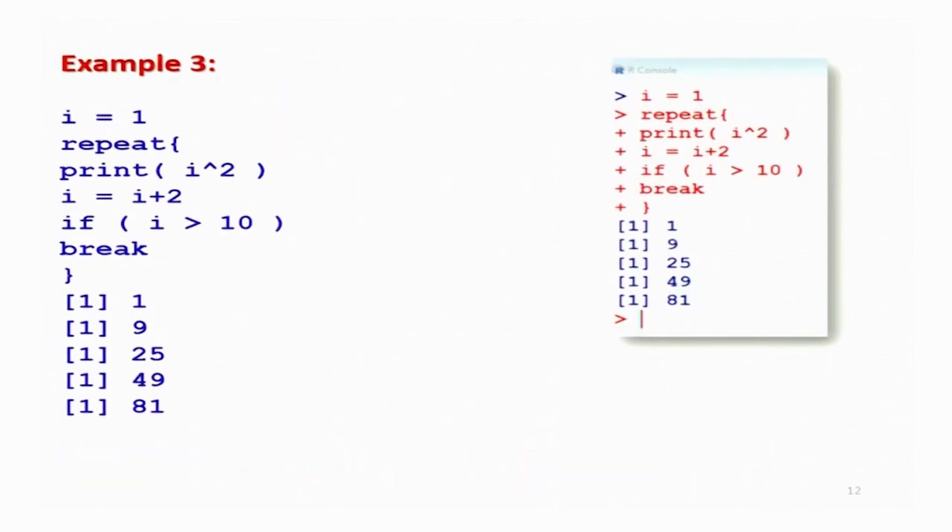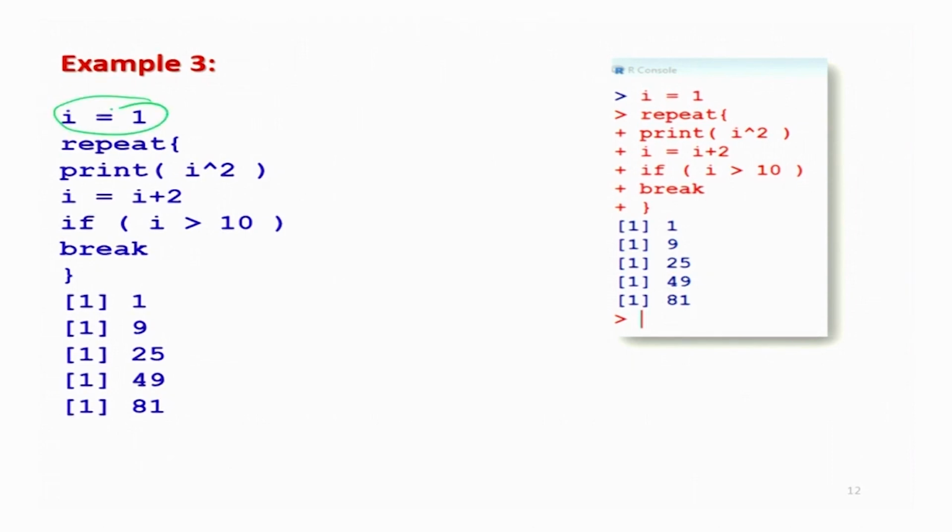So, let us take one example and try to understand how it works, and this will give you more clarity. Suppose I take the same example that I considered in the while loop, that I want to print the integers starting from 1 as long as their value is less than or equal to 10, and after that I want to break it. So, I write i equal to 1, that is the initial value.